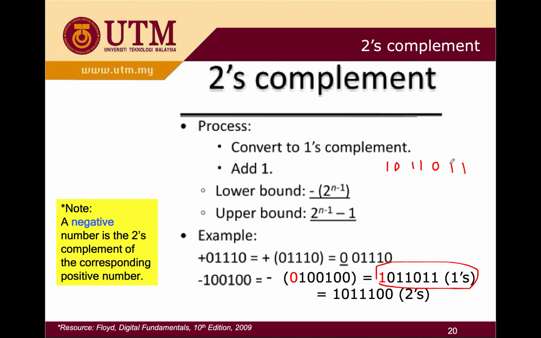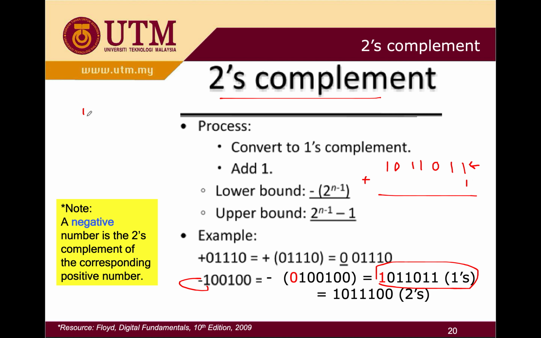Over here, this is the first complement. We already tried this example. Then how are you going to get the second complement? For a negative value of a number, you will add 1. So how about the process?